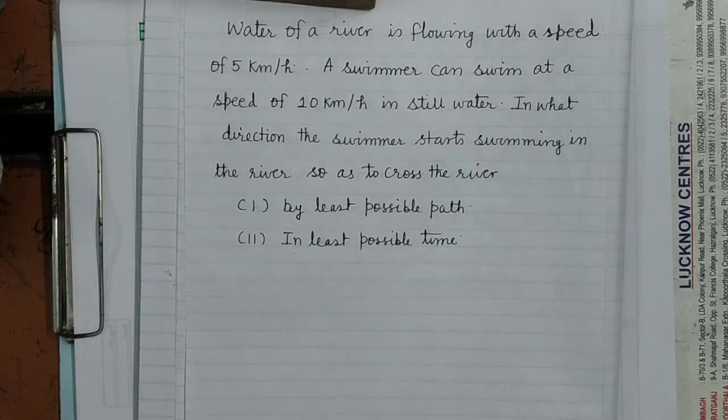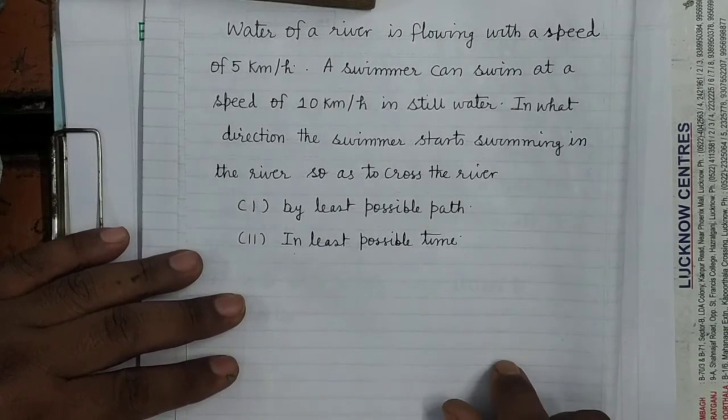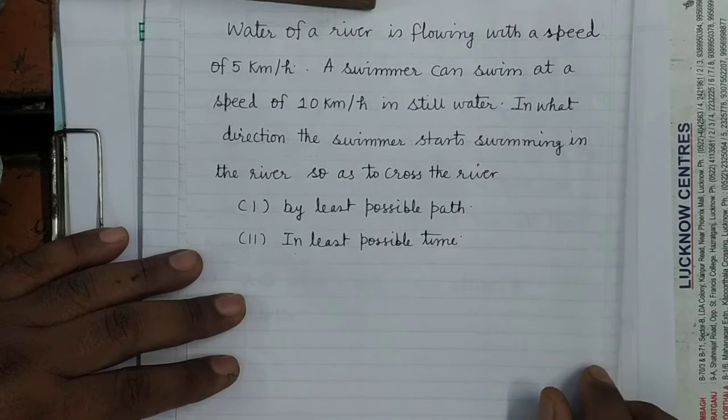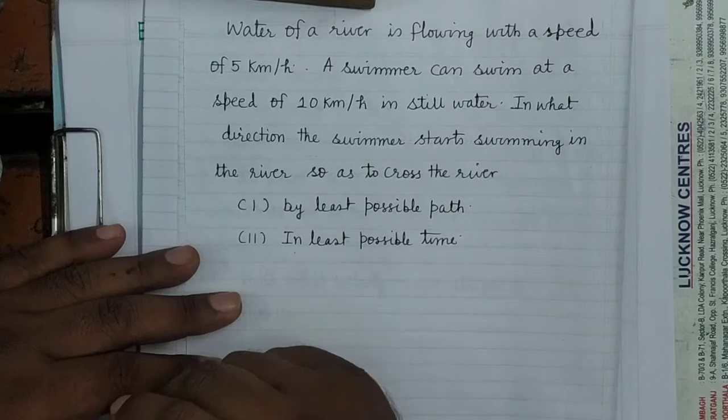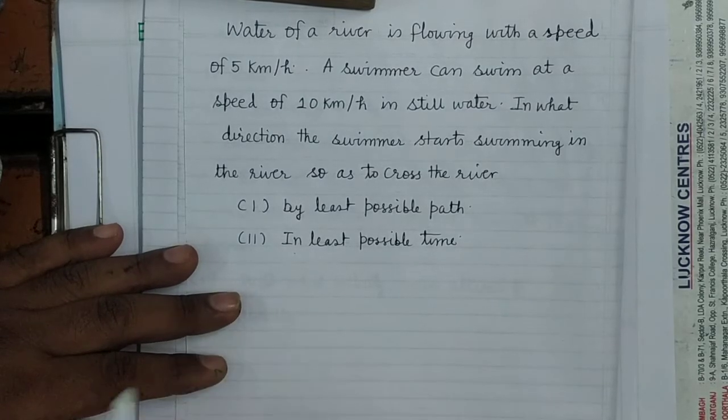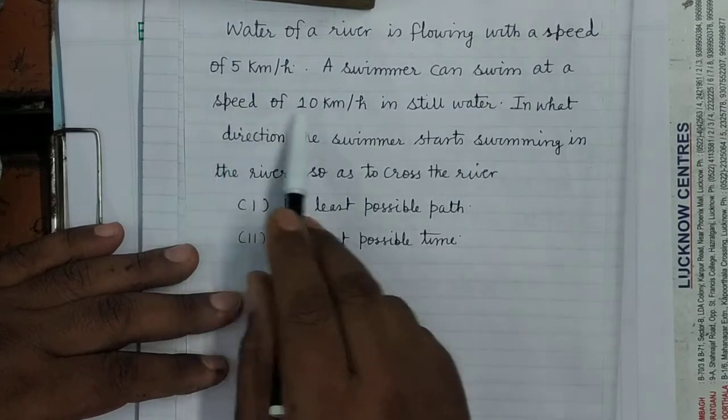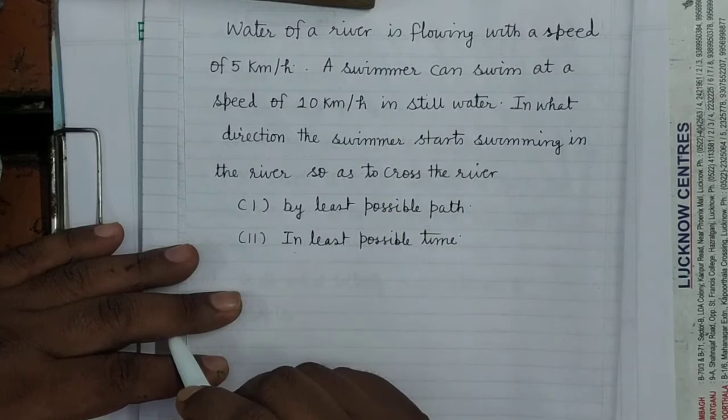So this is a question. Water of a river is flowing with a speed of 5 km per hour. A swimmer can swim at a speed of 10 km per hour in still water. Means in the still water, swimmer can swim with this speed.